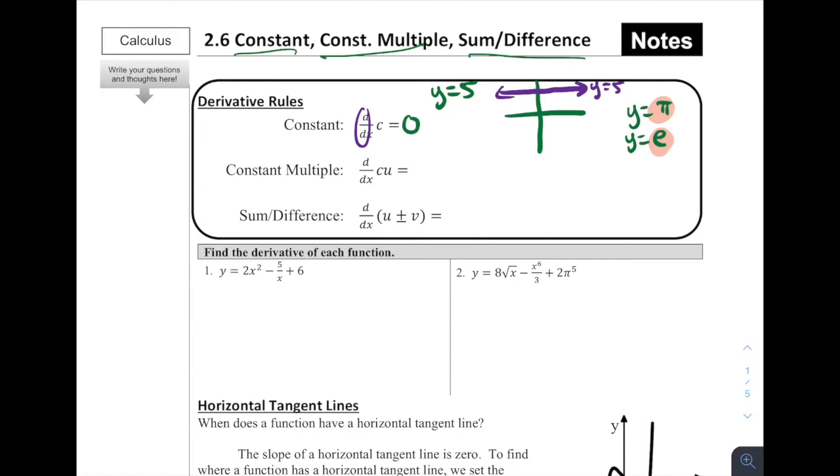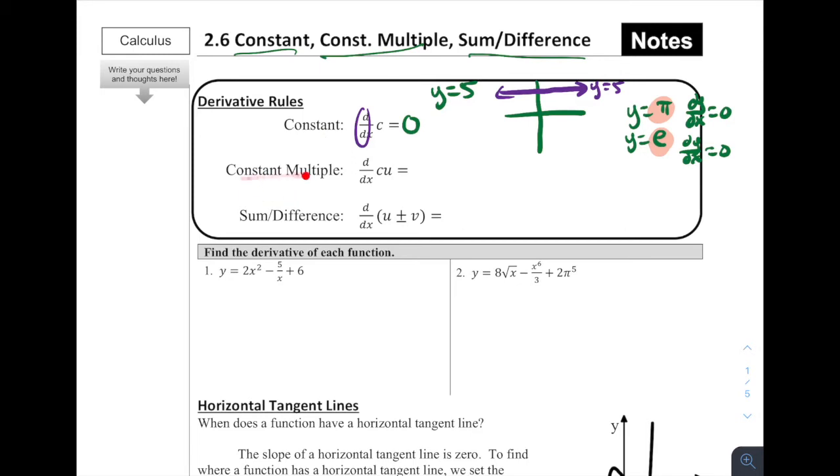These are actual numbers, and we don't want to confuse them with variables. So if I take the derivative of either of these, the derivative is still 0 because those are both constants. Just because it's not a regular-looking number, don't assume the constant rule doesn't apply. You need to think about what you're taking the derivative of, and if it's still a constant, that derivative is going to be 0 since the graph of that line will be horizontal.